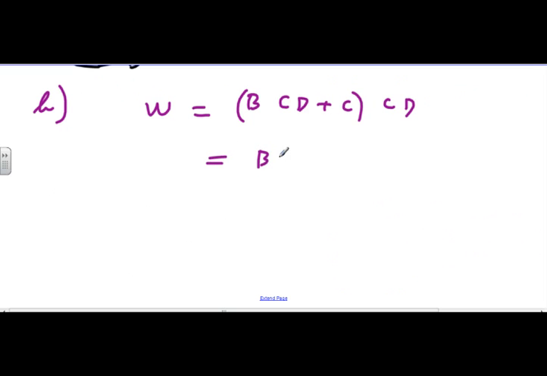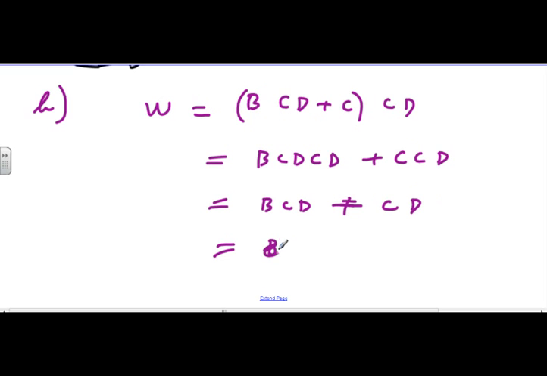I got B, C, D, C, D, or C, C, D. I got B, C, D, or C, D. I got B, I got C, D, C, D, 1 or B. I got CD. So for my simplified circuit, I've got C, D, boom, W.